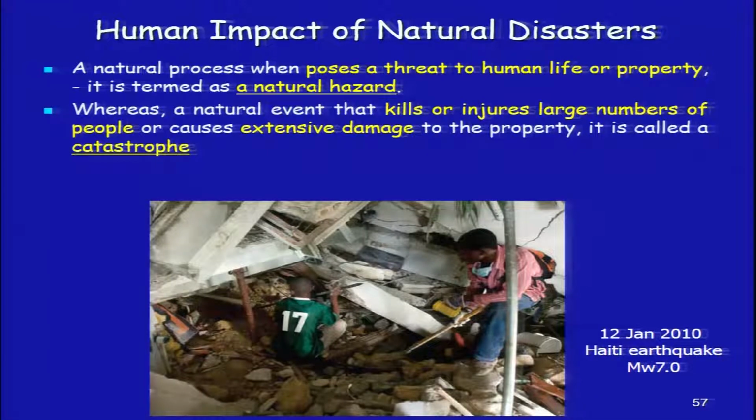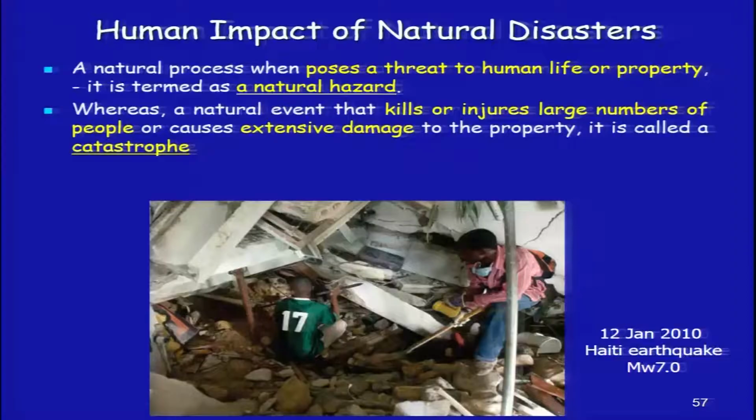So, whether the natural hazards which are occurring are catastrophic events which are going to kill a lot of people and result in extensive damage, we should understand that.